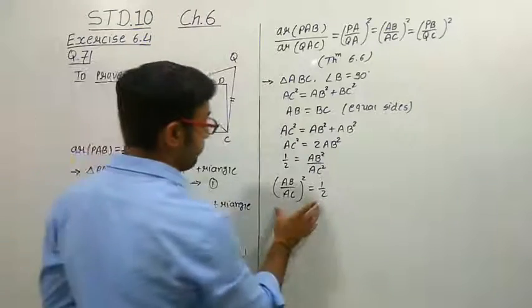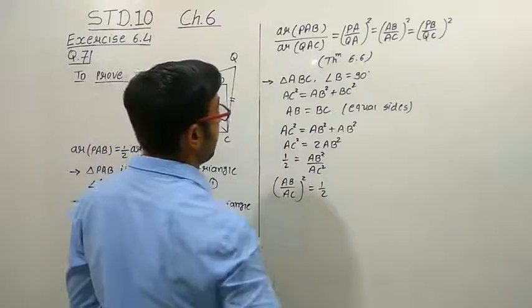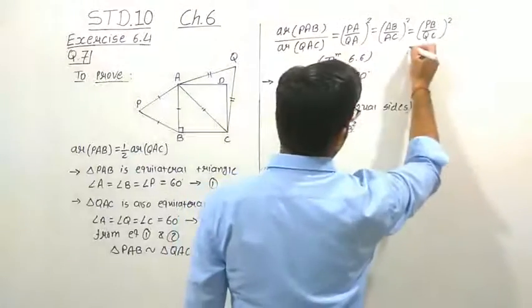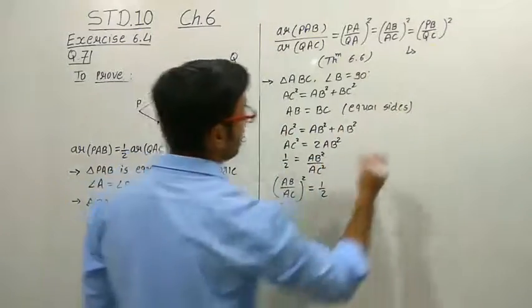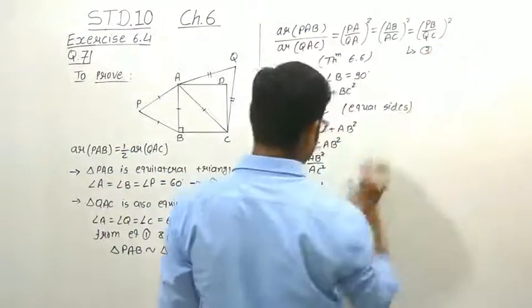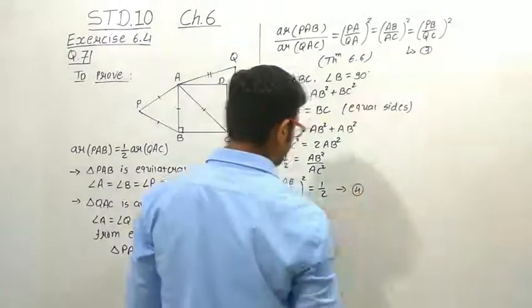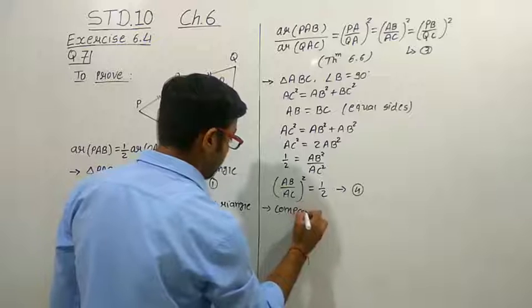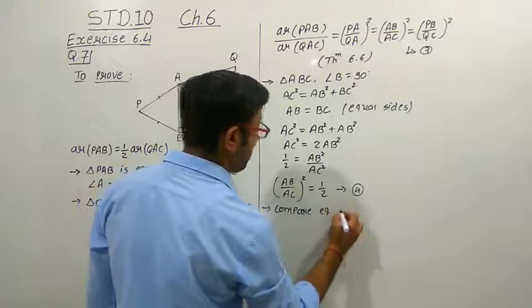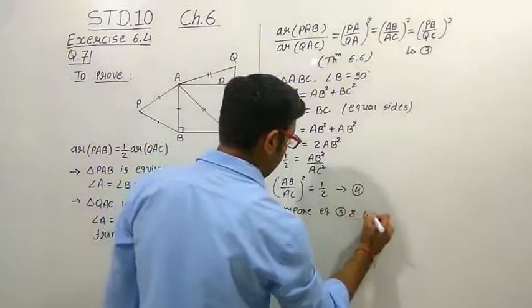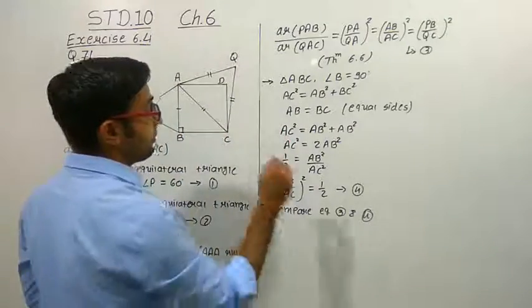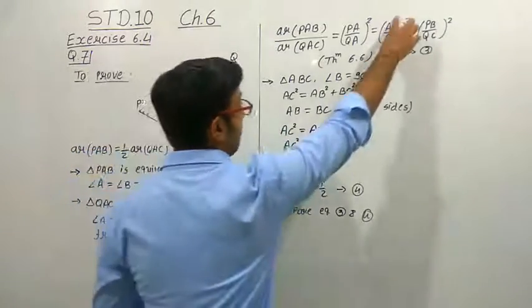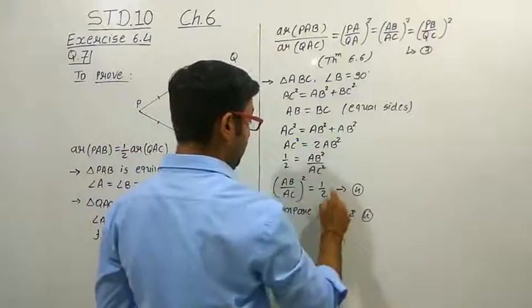Right? So now what we have to do? We have to compare. This is equation number 3, and this is equation number 4. So when we compare both these equations number 3 and 4, instead of AB upon AC whole square, we can write 1/2.